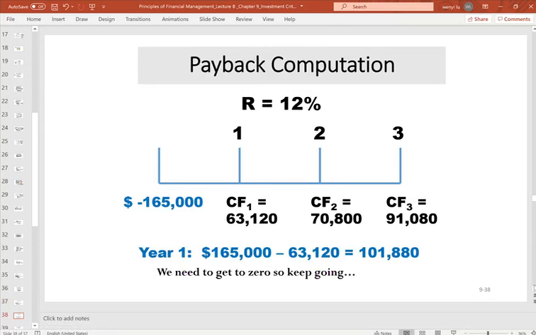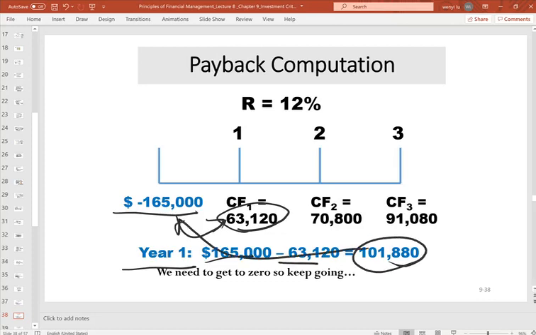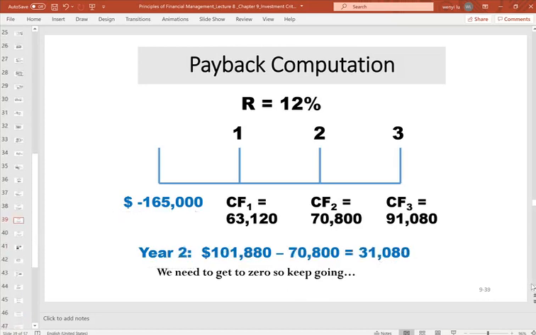You can see here, after 1 year, this is your initial cost plus the first year's inflow, and you still have something left on your balance. So after 1 year, we still cannot recover the initial cost. We need to keep going. In the second year, your previous balance from the first year, plus more inflows, still has some number left. So we need to keep going to the third year.